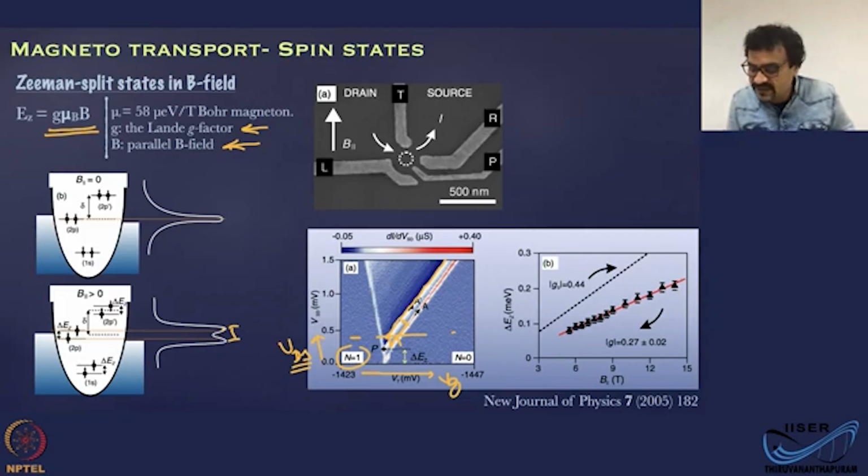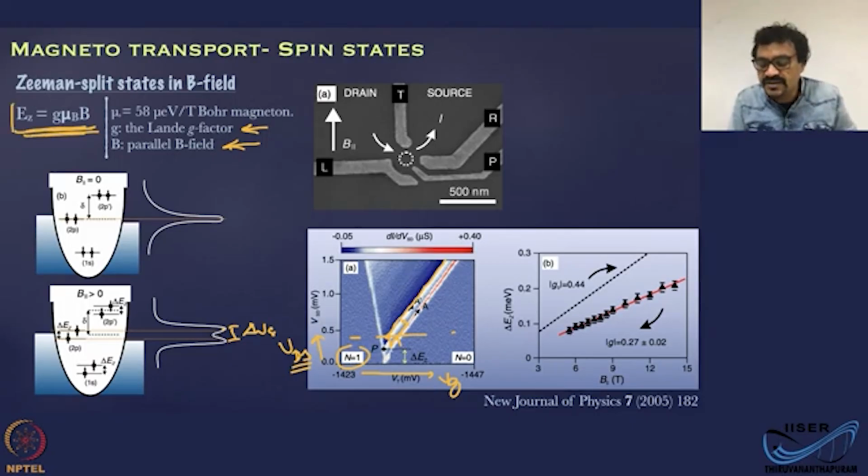in the gate voltage axis, delta V_G, is linearly related to the Zeeman energy E_Z. Now, you can calculate what that Zeeman energy corresponds to using the geometry of the diamond, the size of the diamond and the voltage scale. You can calculate the g factor, because the g factor is a constant, so the splitting and the Zeeman energy are proportional.